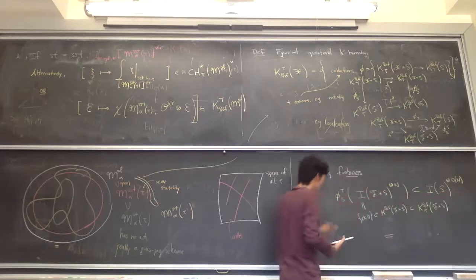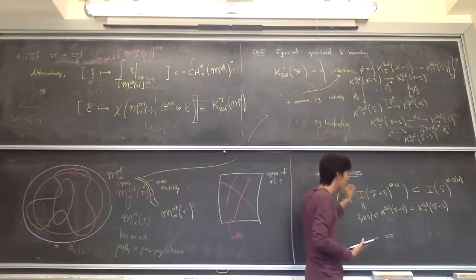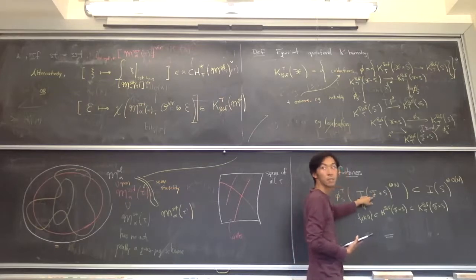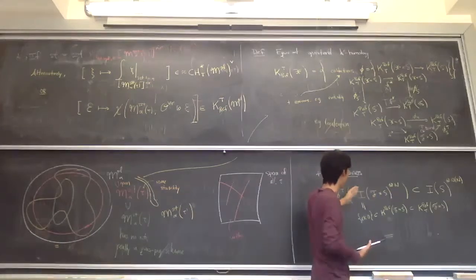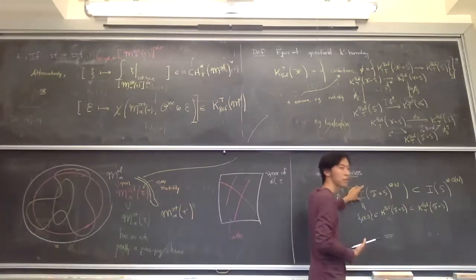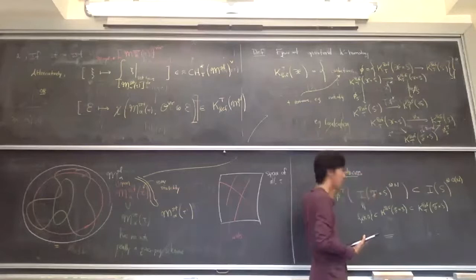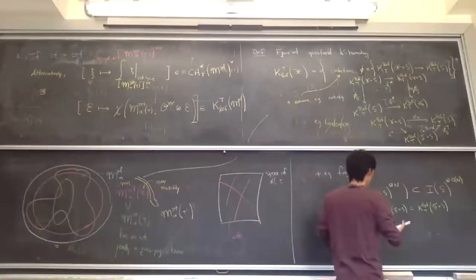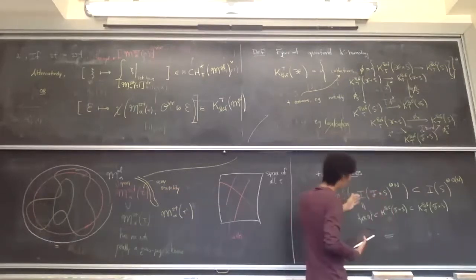And this kind of condition is automatically satisfied if F is a scheme, basically by virtue of the fact that this augmentation ideal is nilpotent. If you take anything in here and raise it to a high enough power, this whole thing is just going to be 0. And if you apply a function to 0, you get 0. So this will be true. But for stacks, you really have to impose this by hand because it's not true anymore.